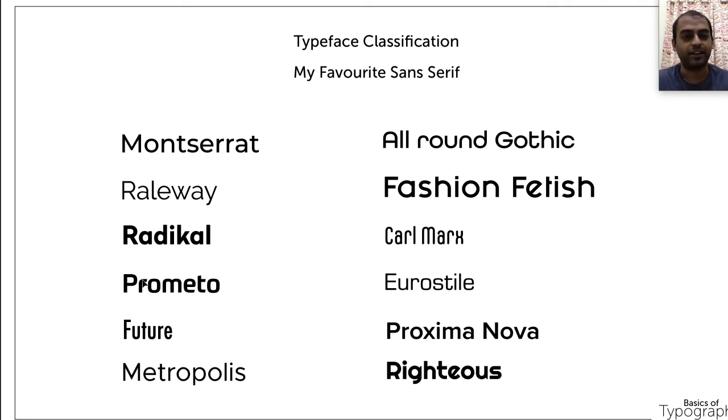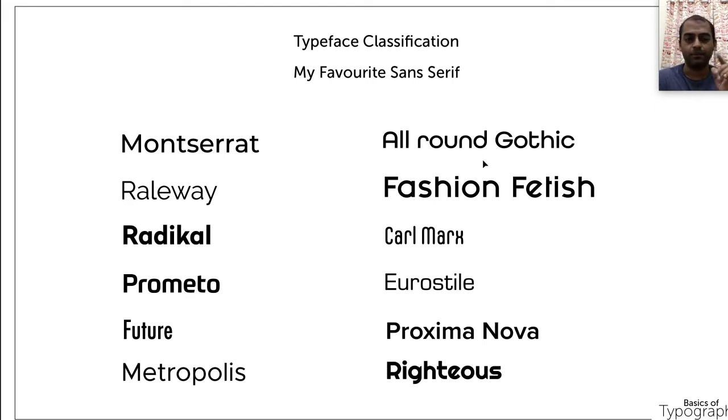Just try it. And coming back, next to Promito, All Round Gothic is the most used font for logos. The reason is that there is a perfect circle. Everything will be round, so that's why the name itself is All Round.